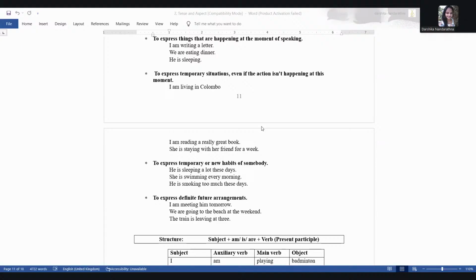But Pute, we can use present continuous tense too to talk about a future action. On which occasions? If the action is a definite future arrangement, then we can use present continuous tense.